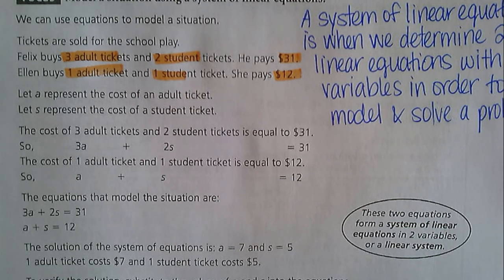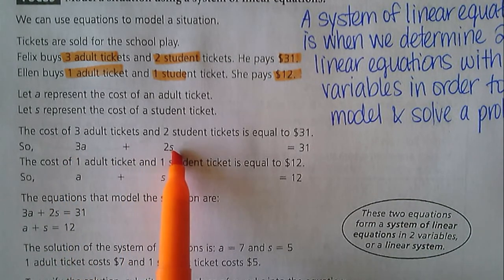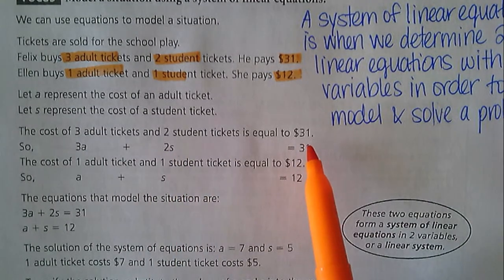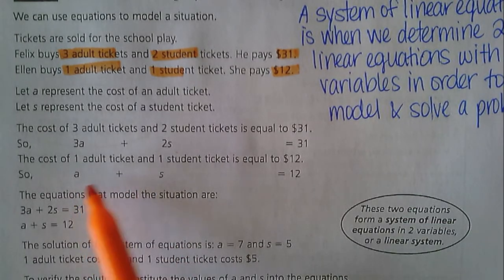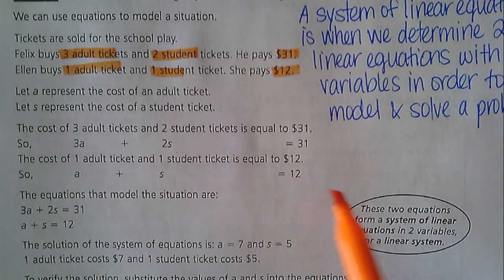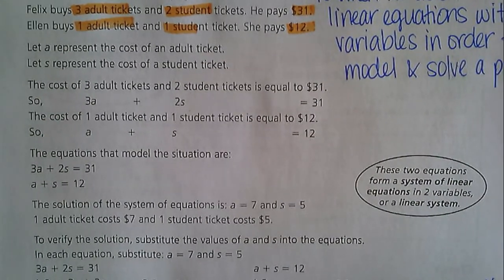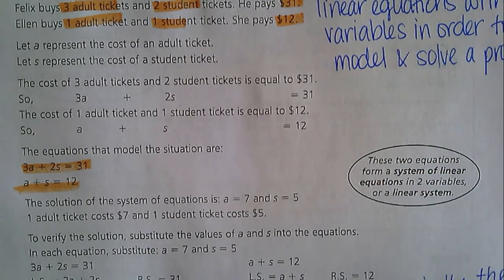Felix buys 3 adult tickets, so we have 3A, and he bought 2 student tickets, so plus 2S, and the cost was $31. If we look at what Ellen purchased, she purchased 1 adult ticket, 1 student ticket, and the cost was $12. So these are the two linear equations that we come up with from the information we were given.